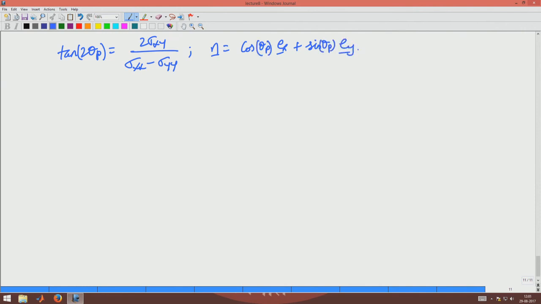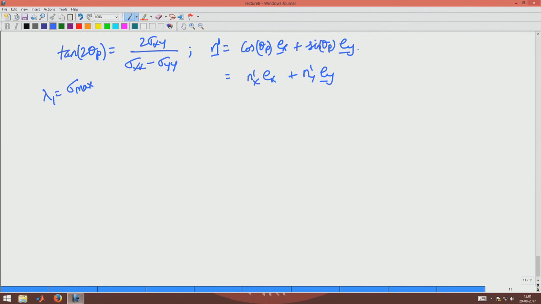This normal is n1, in other words n1x Ex plus n1y Ey, if you substitute lambda 1 equal to sigma max.